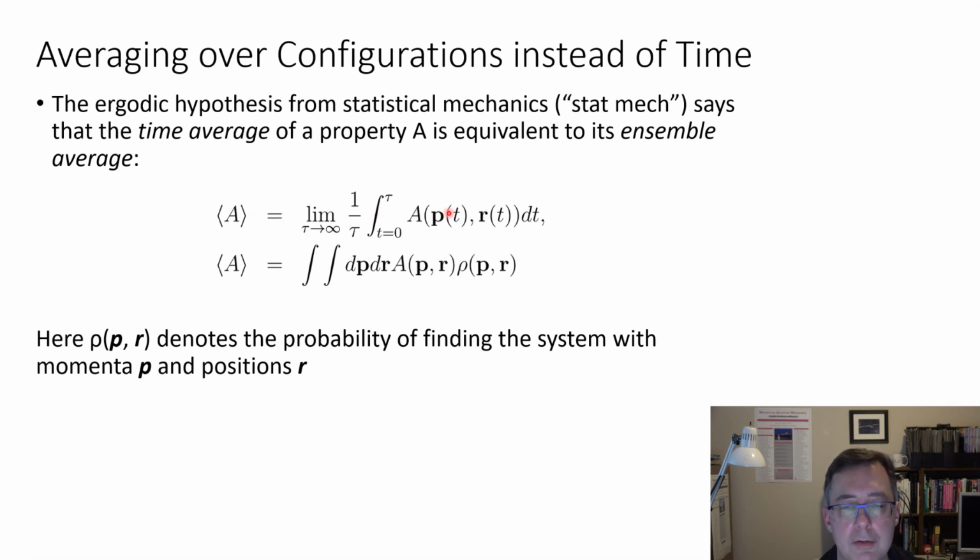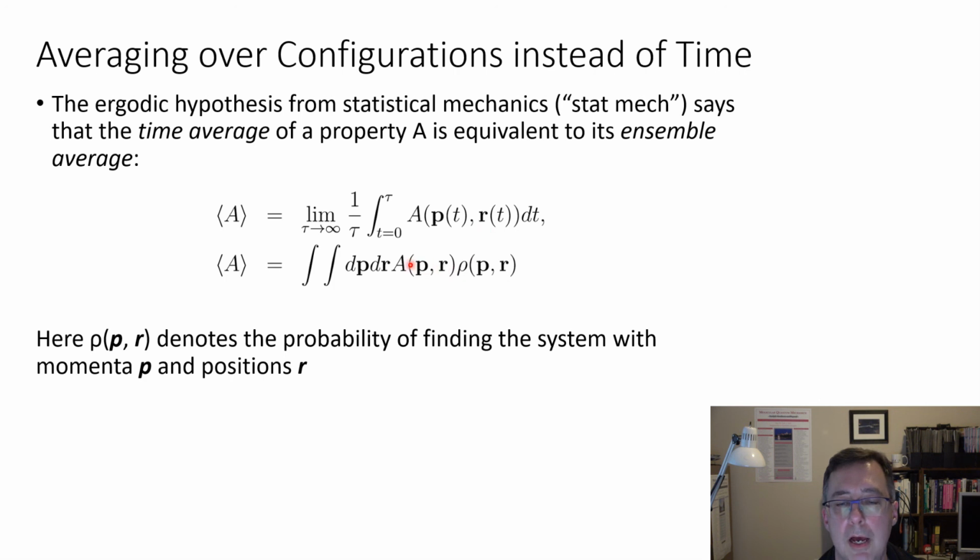Sometimes this is not a convenient way to do it. So an alternative approach is to say, instead of a time average, I'm going to average over all the P's and R's, the momenta and positions, in phase space. If I know how to go from a given P and R to calculate property A, I assume that here as well, but here there's no time.